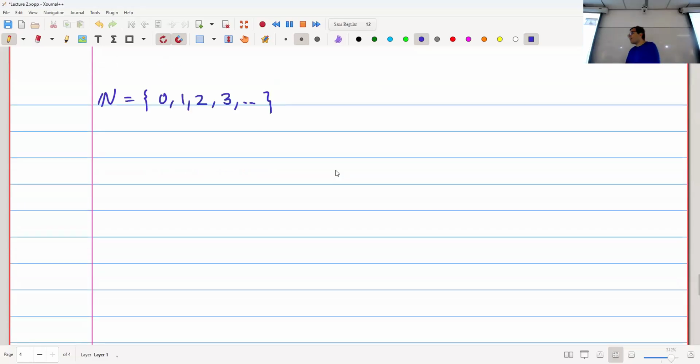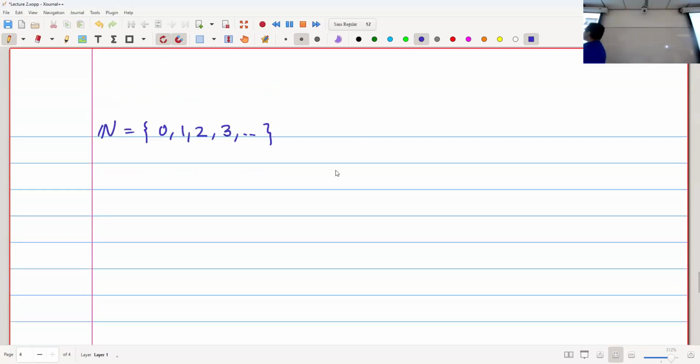So we're going to have some rules for saying what's an integer. Or, well, sorry, in this case, for saying what's a natural number. And then, of course, we can add negative numbers and then define integers. Okay, so these are called Peano's axioms. So here are the axioms.